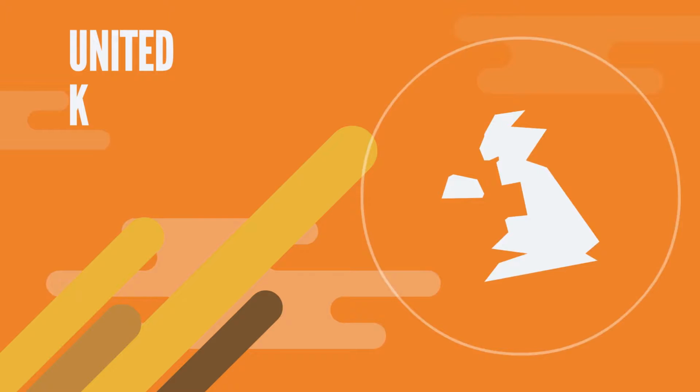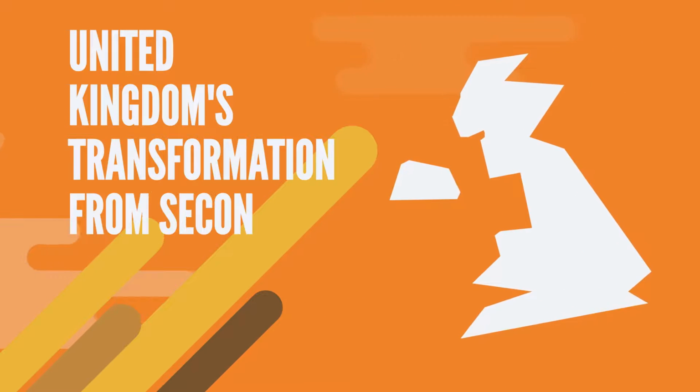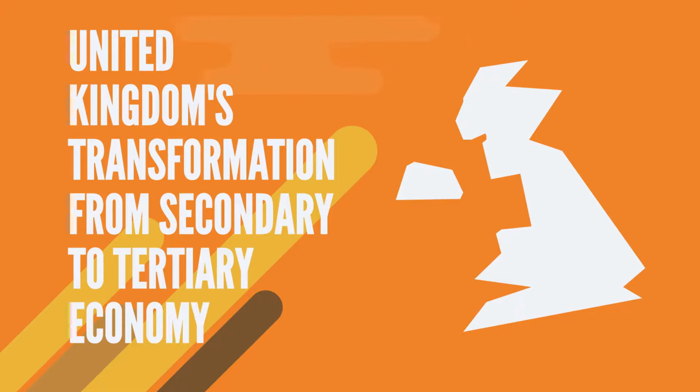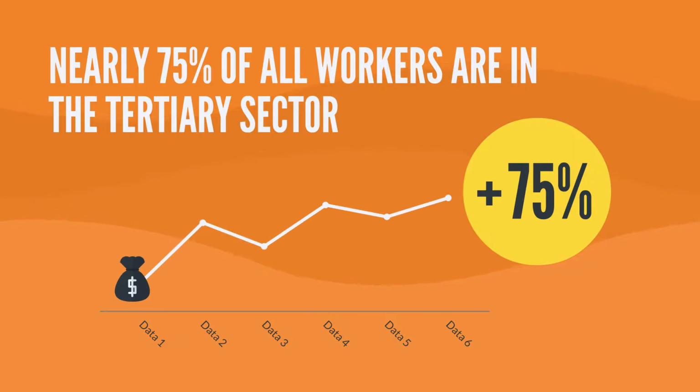For example, the UK has transformed from a secondary, manufacturing-focused country, which was maybe in the 1960s and 70s, and the economy has become more and more focused on the tertiary sector, so much so that nearly 75% of all workers are involved in the tertiary sector.